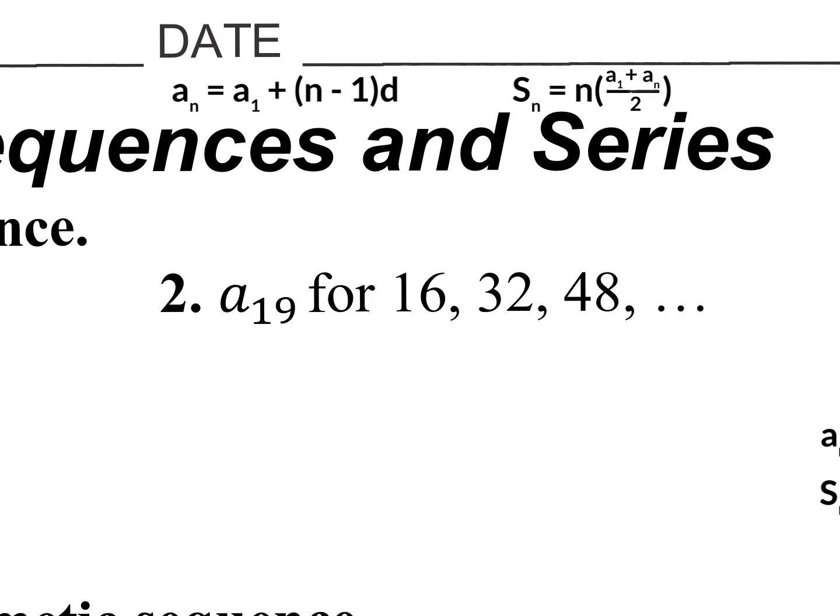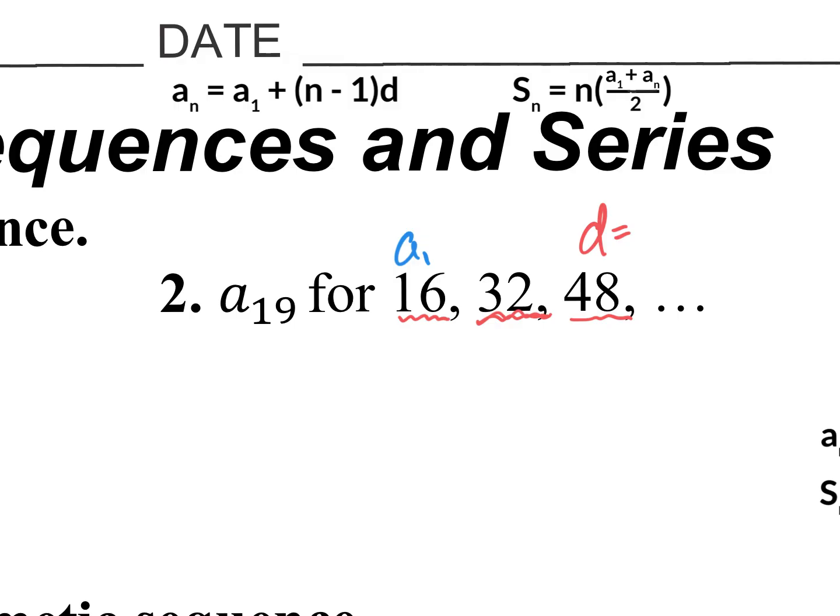It is arithmetic. So if we wanted to state everything that we can about an arithmetic sequence, you're going to start by saying that that first number is the notation a sub 1. And we also could find the common difference d by simply taking 48 and subtracting the previous one from it, or taking 32 and subtracting the previous one from it, okay?